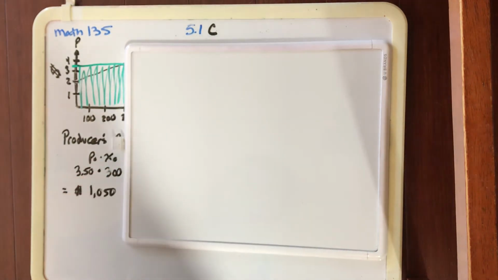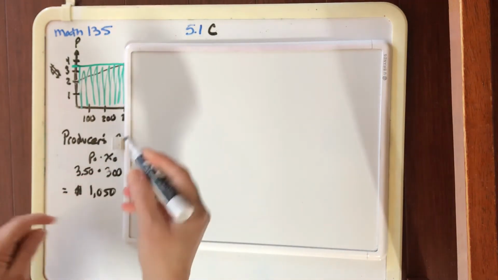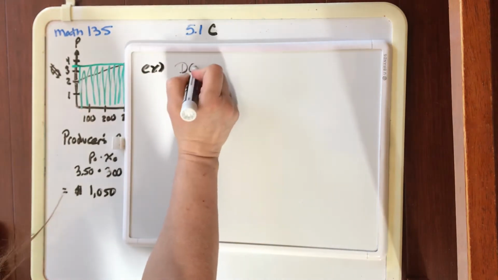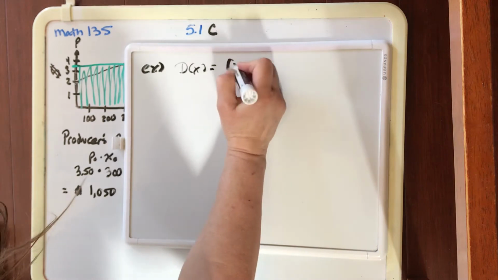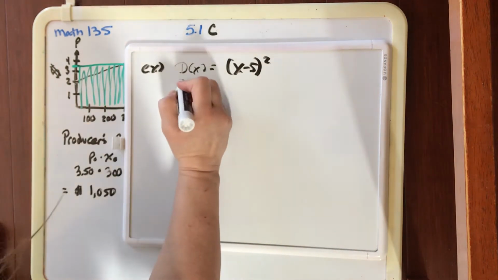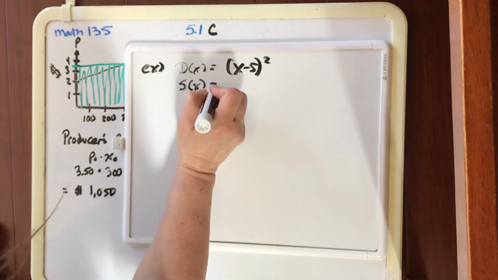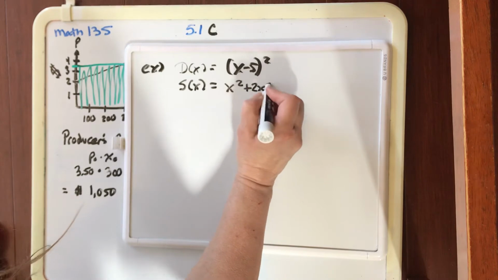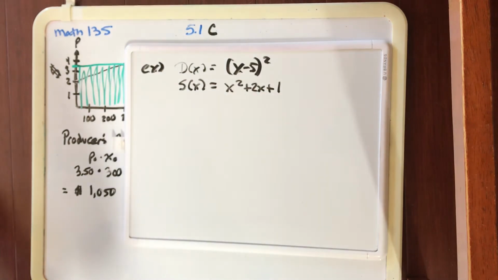Go ahead and freeze frame when you need to. Okay, we're going to start with an example where they give us the demand curve, which is (x minus 5) squared, and the supply curve is going to be x squared plus 2x plus 1. Okay?